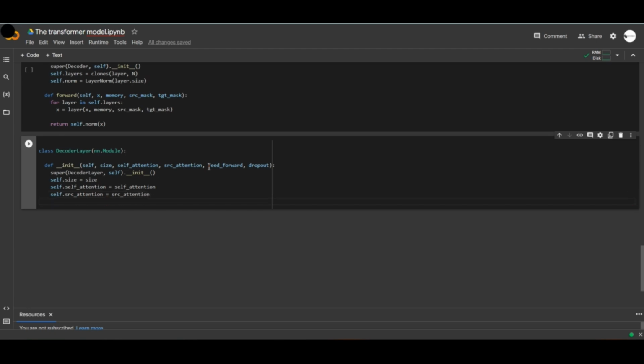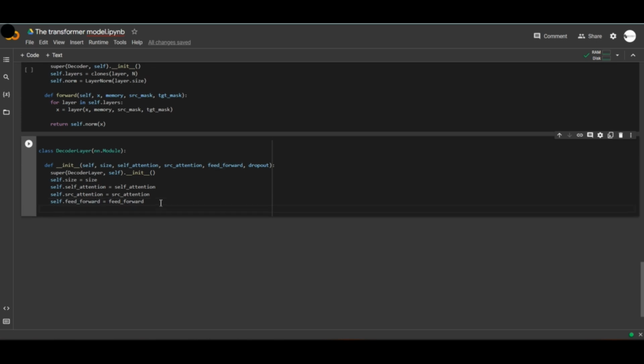What's next? We have self.feed_forward equals feed forward. I think I made a mistake here, it's supposed to have an R. So yeah, I think it's fine.